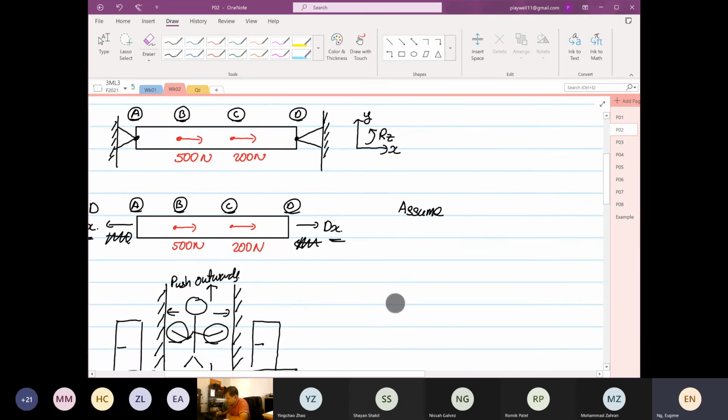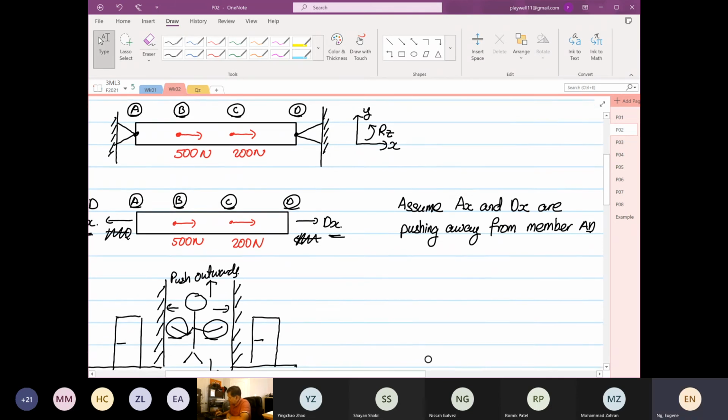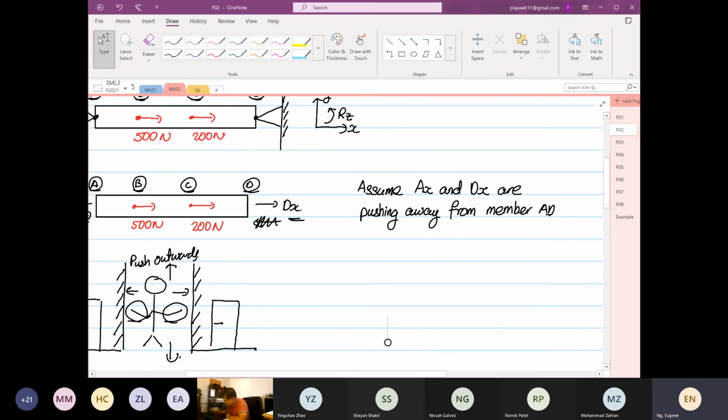When that's done, we're going to assume Ax and Dx are pushing away from member AD. Okay. Then we go into static analysis.